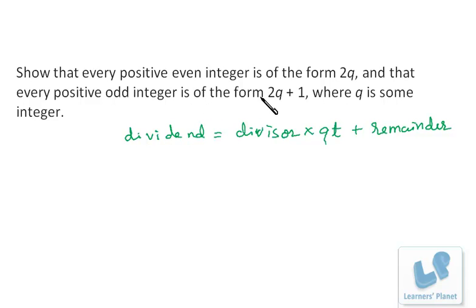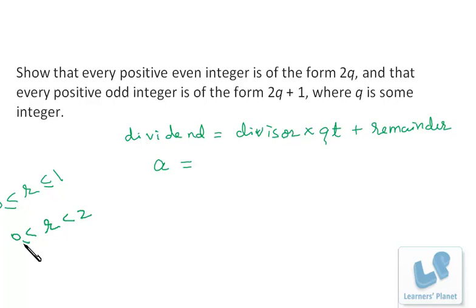Now see, dividend means we can take any number. Suppose we take a number a. If a number is divided by 2, the remainder will be between 0 and 1. Either it will be 0 or it will be 1. Or we can say remainder will be greater than or equal to 0 and less than 2.